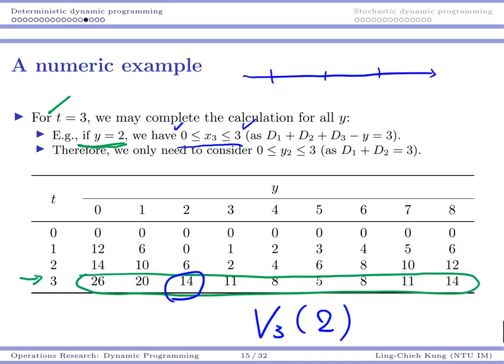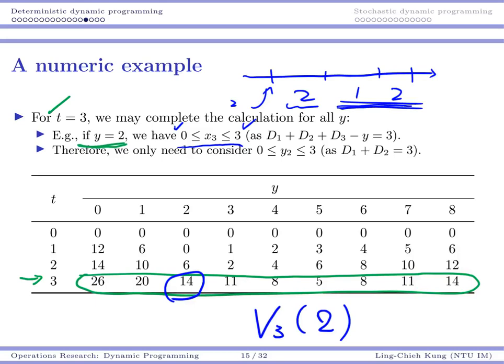Why is that? Because we know when I have 3 days, the demands are 2, 1, and 2. So if I have 2 units for today, I don't need to immediately order something to fulfill today's demand. But I should order at most 3 units to fulfill all the demands for the future.